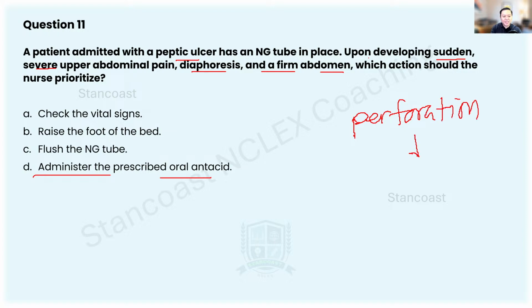Perforation, which can lead to what? Peritonitis. So if you are going to administer the prescribed oral antacid via nasogastric tube, it can introduce more leakage of gastrointestinal contents into the peritoneal cavity. We are not going to do this. Do not administer oral medications or food or fluids into the nasogastric tube this time.